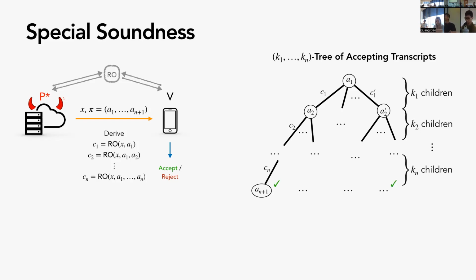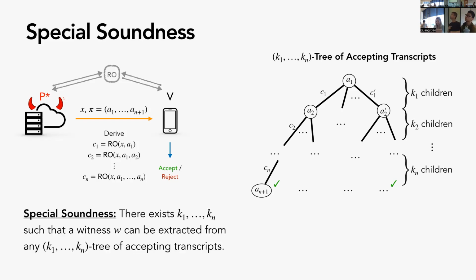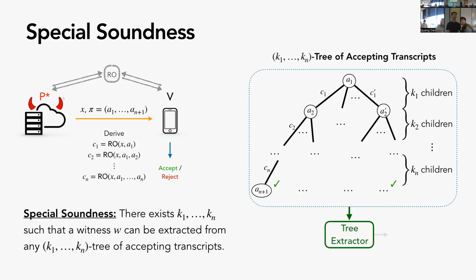Once you travel from root to leaf, they form an accepting proof. Now, special soundness says there exist some arities K1 to Kn such that we can always extract a witness from any such tree of accepting transcripts. And so I'm going to denote this extraction process by some tree extractor.